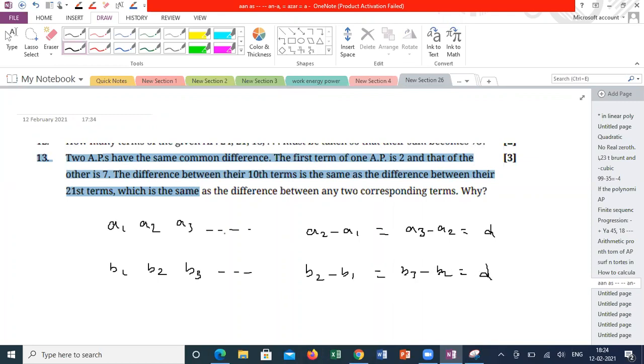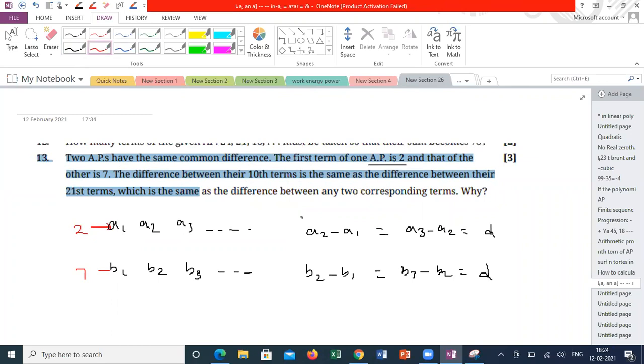The first term of one AP is 2, so I am taking this as 2, and that of the other is 7. The difference between their 10th terms is the same as the difference between their 21st terms.